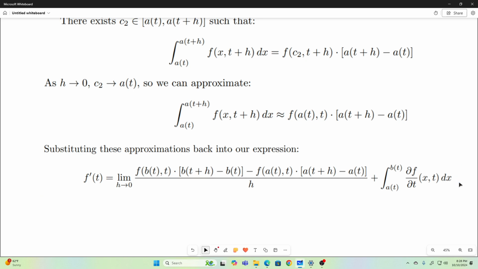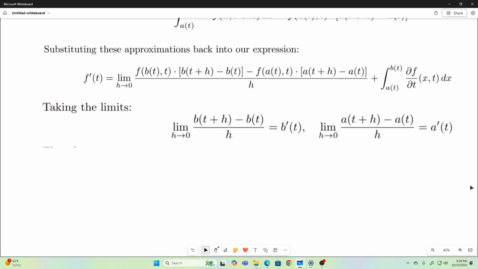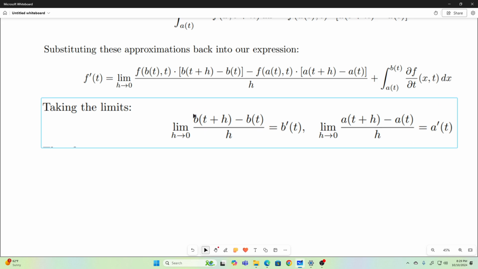All right, so what does that mean? If we take the limit as h goes to 0, all we end up with is this. The limit as h goes to 0 of this term right here, which you'll see is right here, is equal to b prime of t.